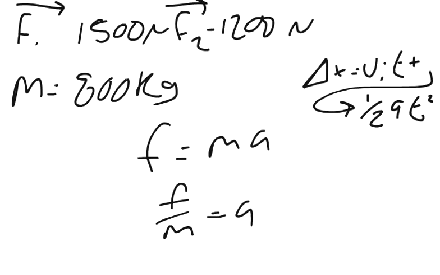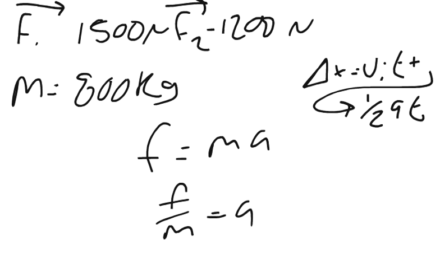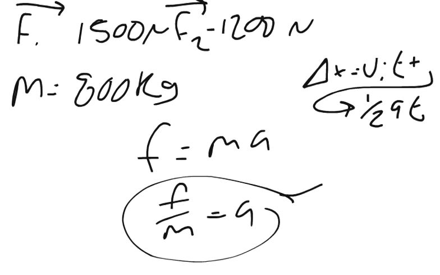So instead of taking this and inserting it right here, which is what we would do if it didn't break all of these down into separate parts for us, we're going to first solve for acceleration, then we'll plug that number into this formula. So let's go ahead and start.